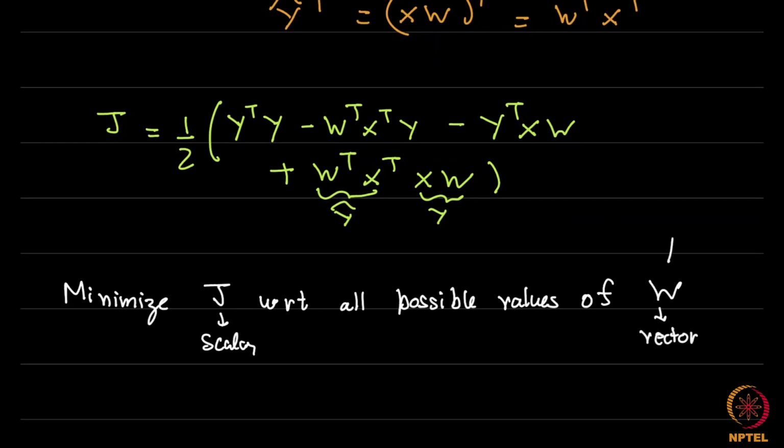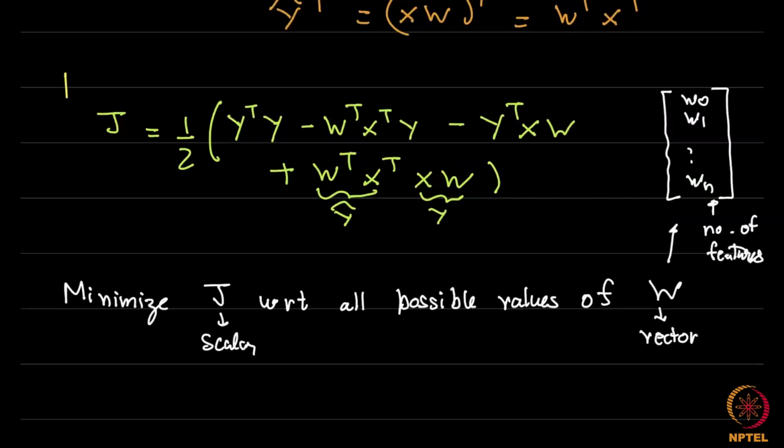It's a vector of values which goes from W0, W1 up until Wn. So n we will treat as, in general, the number of features, and m in general as the number of data points. This is the notation that we'll be following.